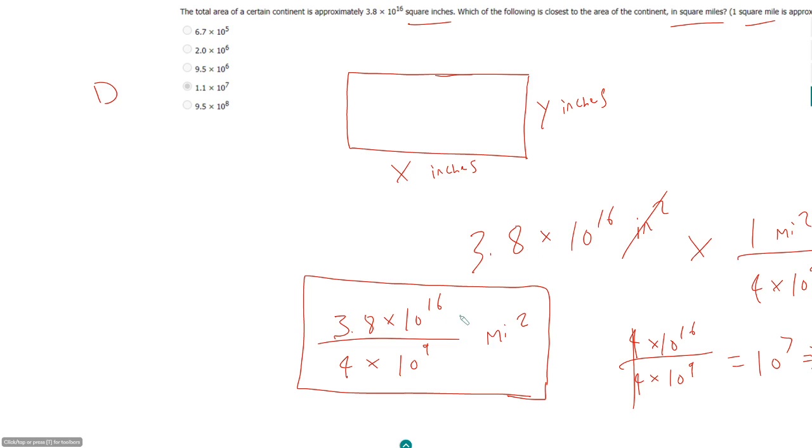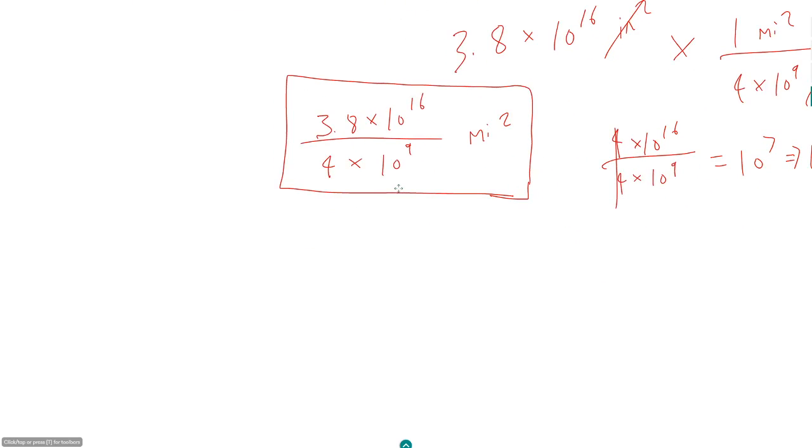And that's really what's happening here. Even better than rounding this to 4 is if you were to just say, well, this is 3.8 over 4 times 10 to the 16th over 10 to the 9th. That's 3.8 over 4 times 10 to the 7th.